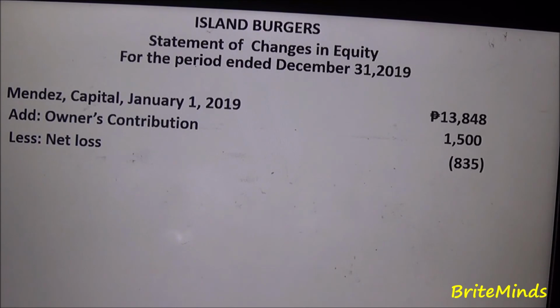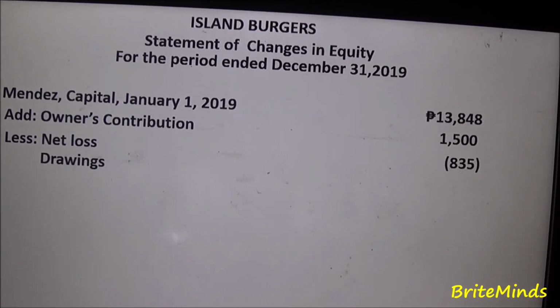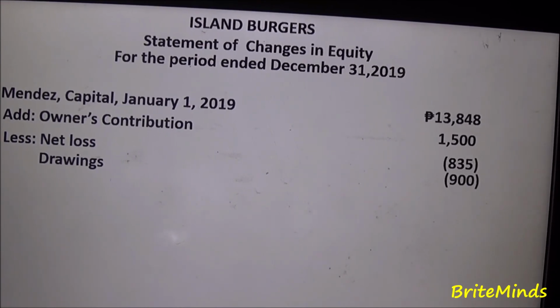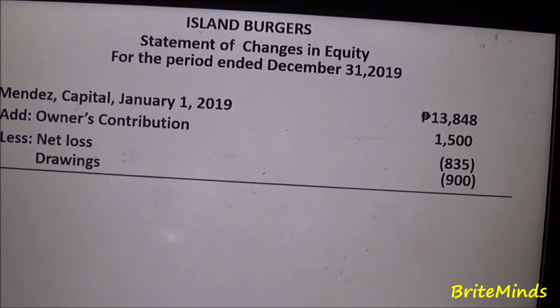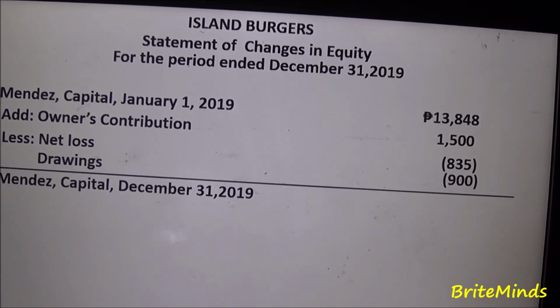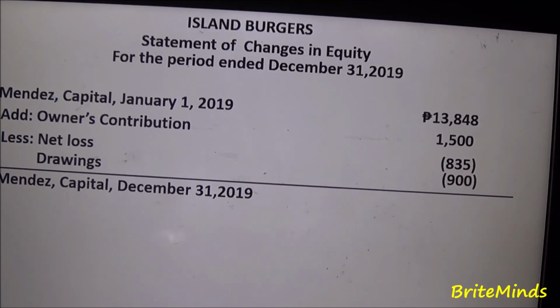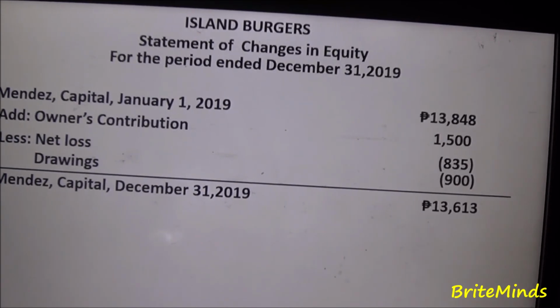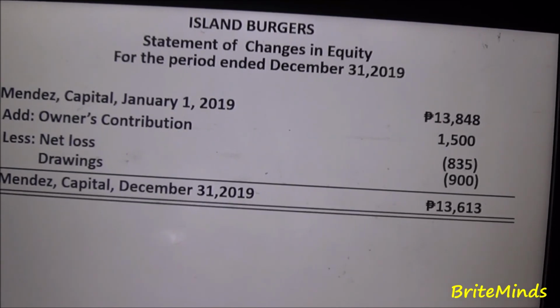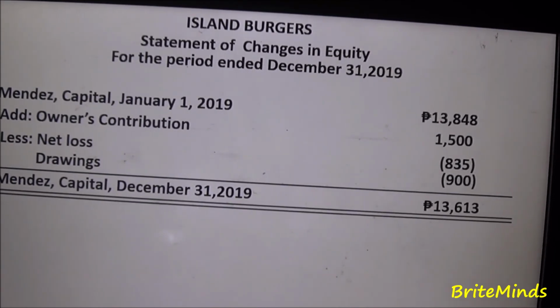And then also the owner withdrew 900 pesos for her personal use. And then we determine the ending balance of the owner's capital on December 31st, 2019. So Mendez capital, ending capital on December 31st, 2019 is 13,613 pesos. This is the ending balance of the owner's capital on December 31st, 2019.